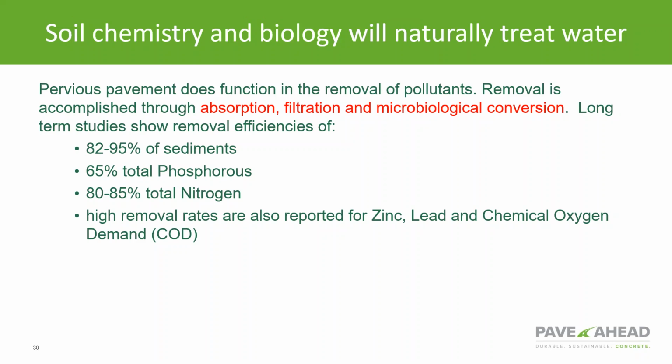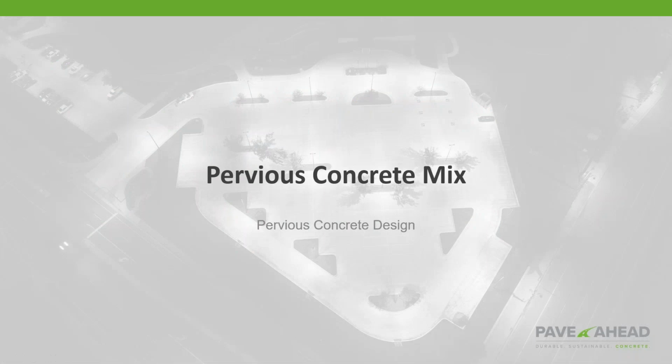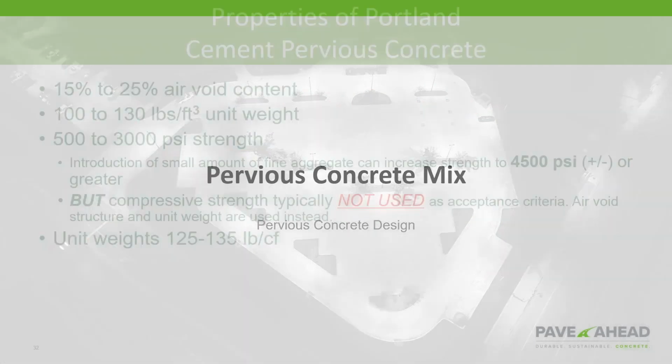If you spilled a 5,000 gallon oil tank, that won't be clean, but the concentrations we see in that first flush get handled very well, and you can see some of the percentages right here. These numbers come from the EPA studies that are out there if you want to Google those.